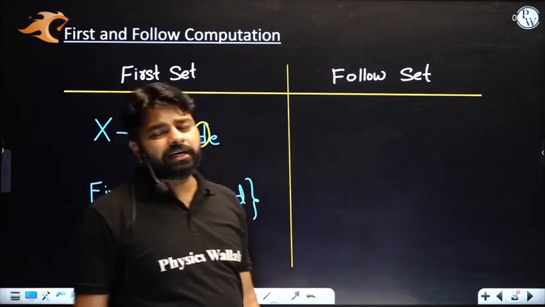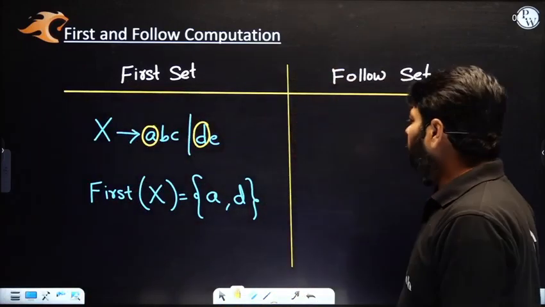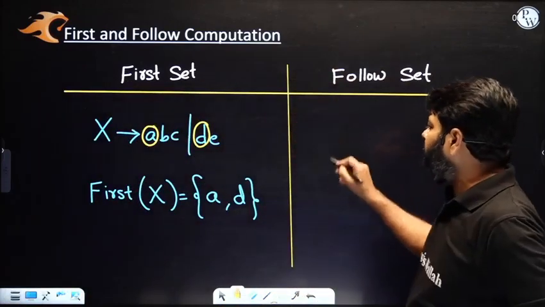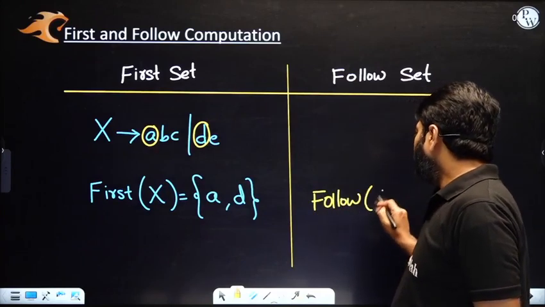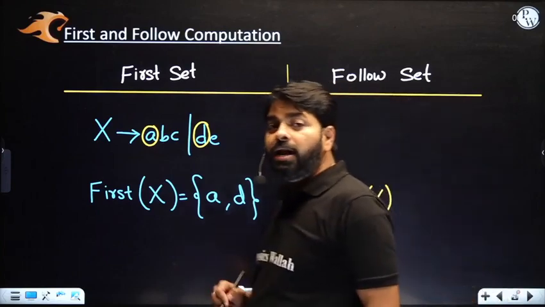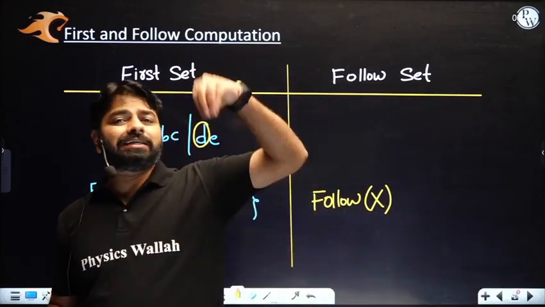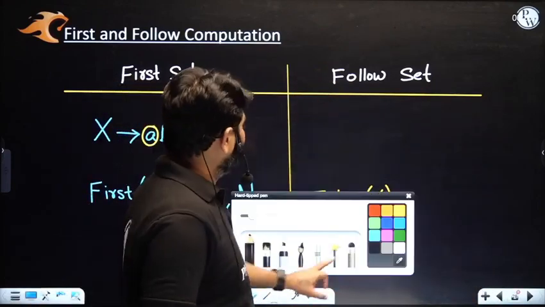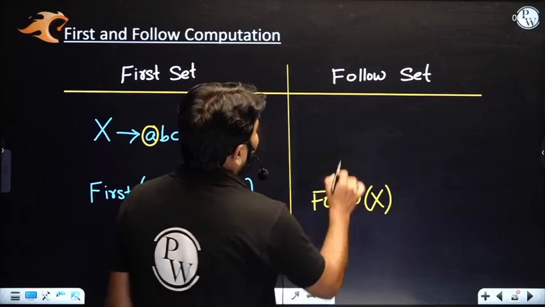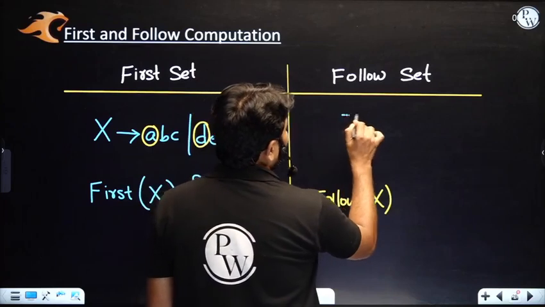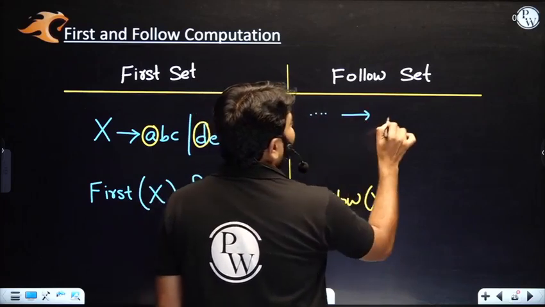What about the follow set? If I ask for the follow of X, I do not look at X productions, I look at productions which have X. It means something like this. Do not worry about what is there in the dots, somebody is there, but X is not there on this side.